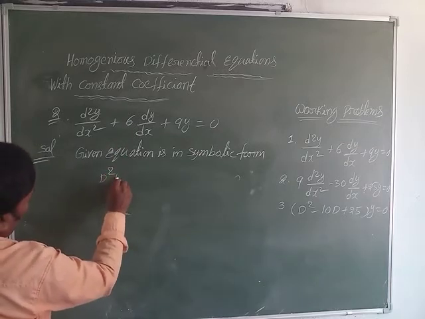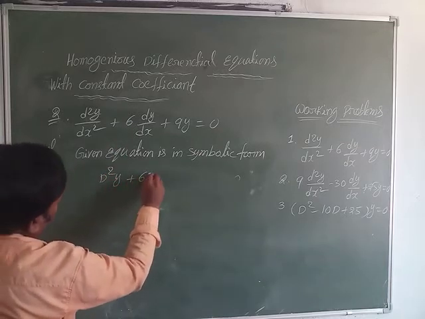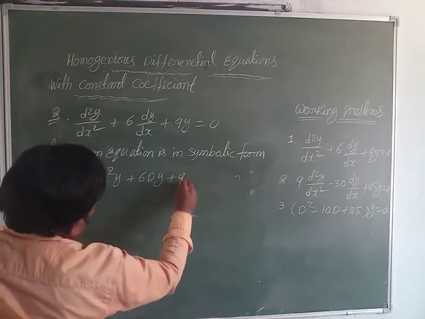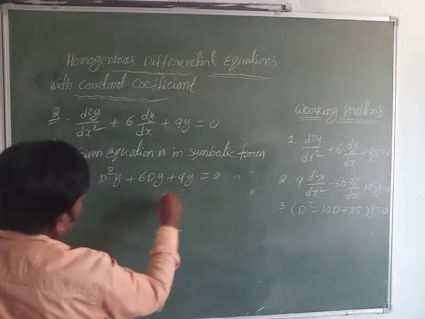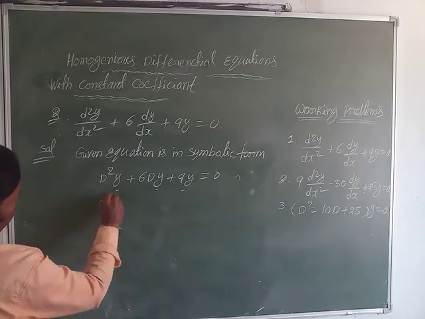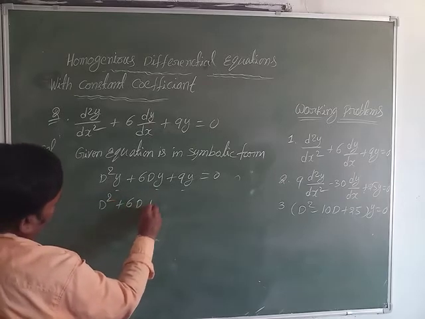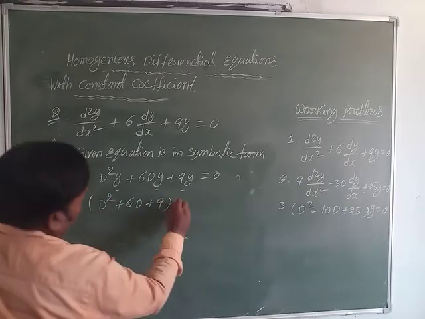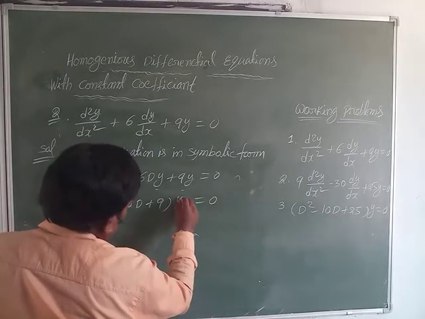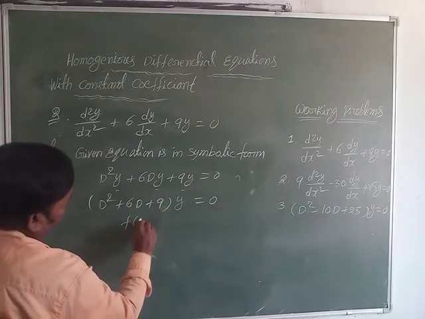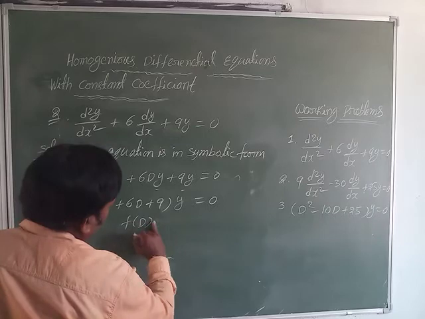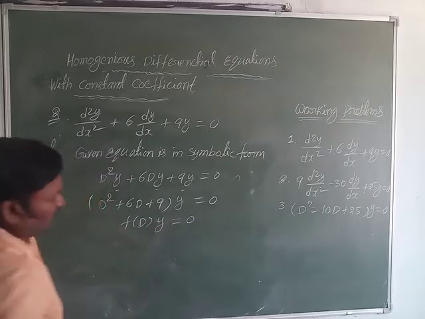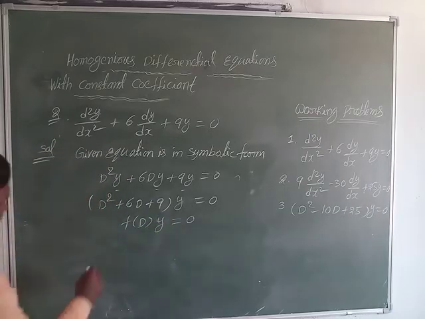So D square y plus 6D y plus 9y equal to 0. Here the common factor is y, so it means (D square plus 6D plus 9) y equal to 0. This is in the form of f(D) y equal to 0. Now it will be changed into the auxiliary equation.